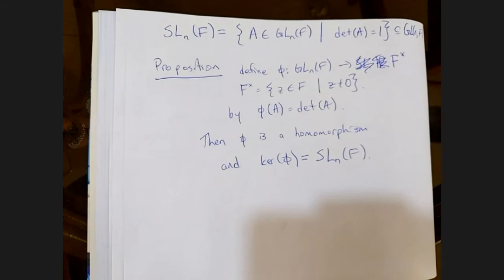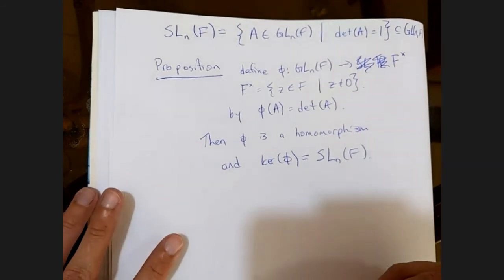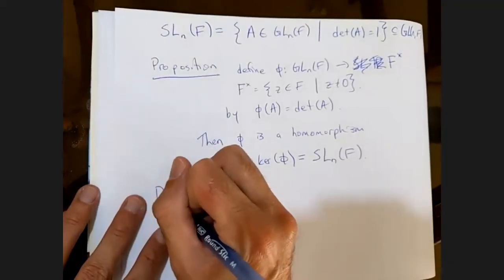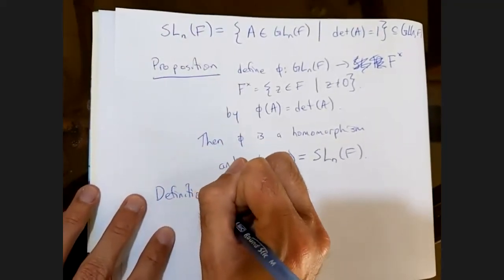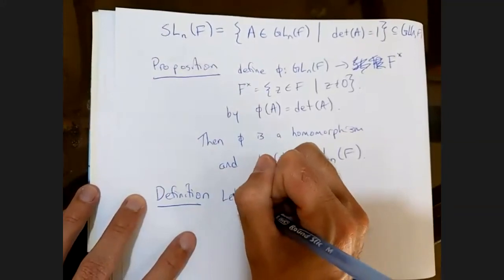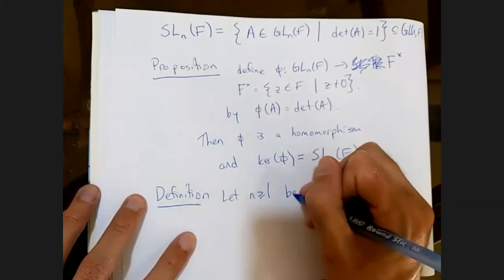Well, we don't have much time to talk about it, but we'll talk more about it later. But we can at least define it. Let n be greater than or equal to 1 be an integer.